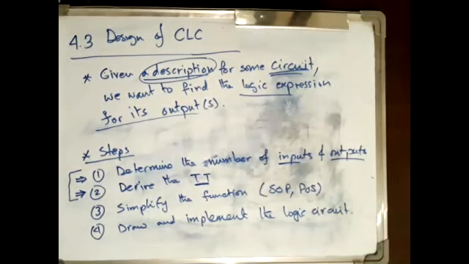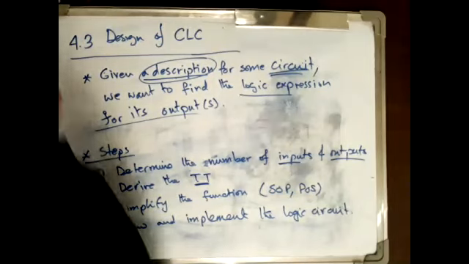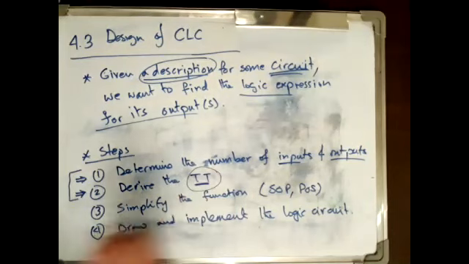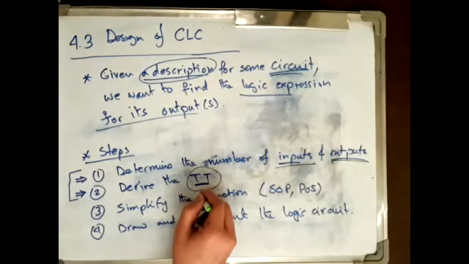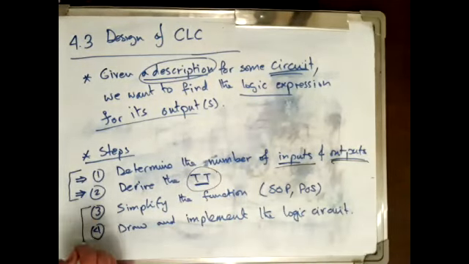So these are the steps. And as I said, the very important thing in the design is to have a correct truth table that describes the relation between the inputs and the outputs. Once I have this, what is left is straightforward.